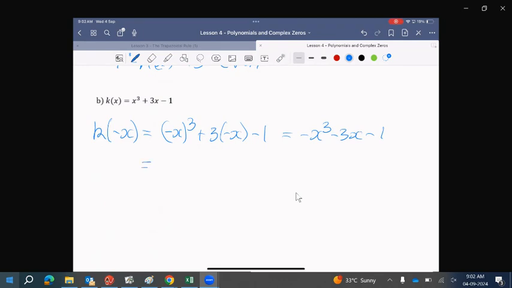Now, if we factor out the minus 1, we get x cubed plus 3x plus 1.